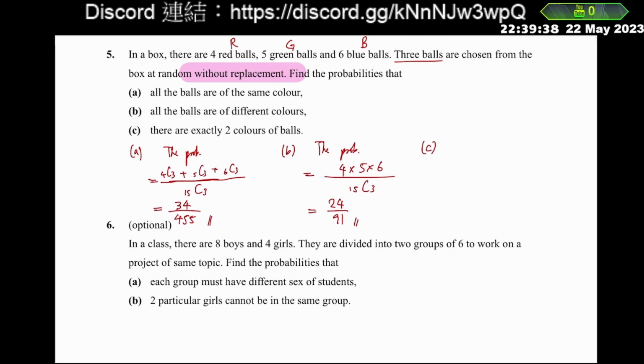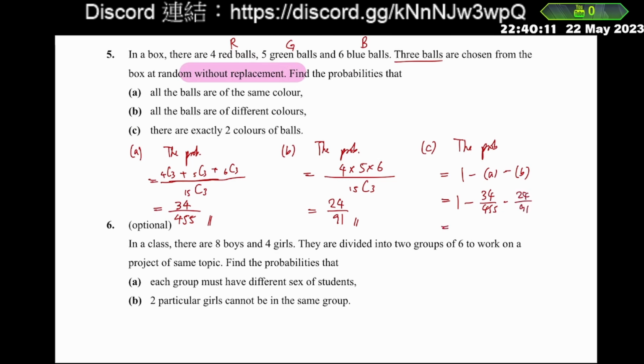But if we think carefully, you can see this part C is exactly the opposite of the other two. That means they are not all same color, not all different. Then this would be part C. Therefore, the easy way to find the probability for part C is to take the opposite of A and B. That is, we do 1 minus A and then minus B. That is 1 minus 34/455 and then minus 24/91.